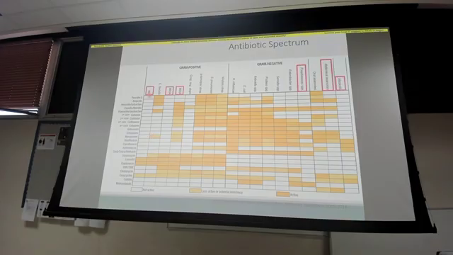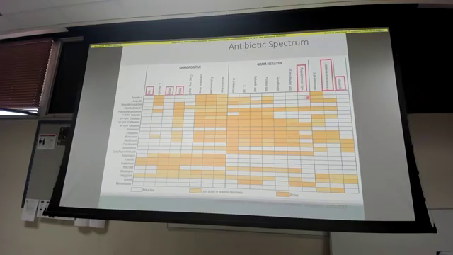So I want you to remember, okay, if I tell you that there's VRE, then you need to be like, oh, I can use daptomycin or linezolid to combat that particular bug. Again, don't worry about this one because that's too many. So just ignore this red box.